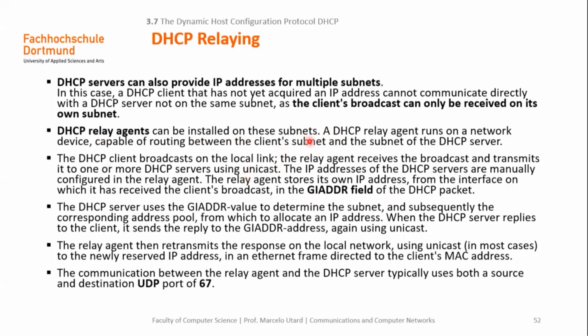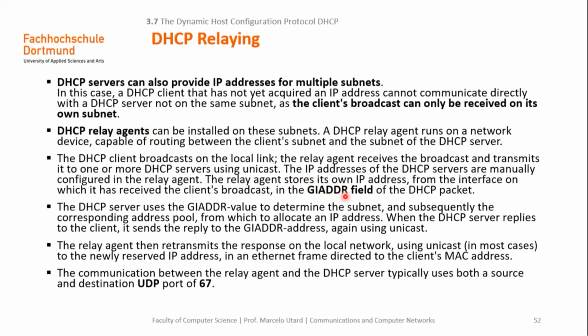In order to specify the subnet where the client is, the DHCP relay agent codes its IP address into this field, GIADDR.